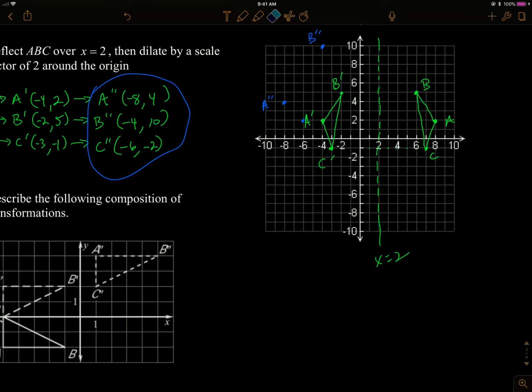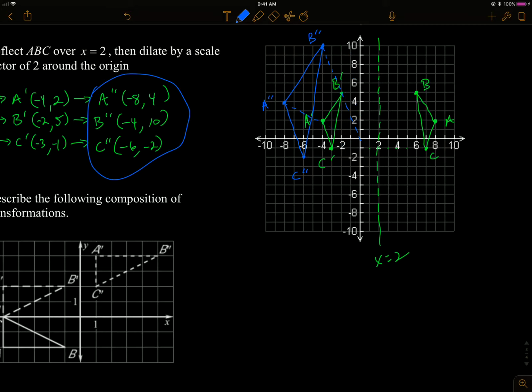There's our C double prime. You can see again, I like to show that when you do the scale factor back to the origin, that line passes through those vertices, and you can tell that the distance, since it was a scale factor of 2, has doubled on each one of those. So that's what it means to dilate by 2 around the origin.